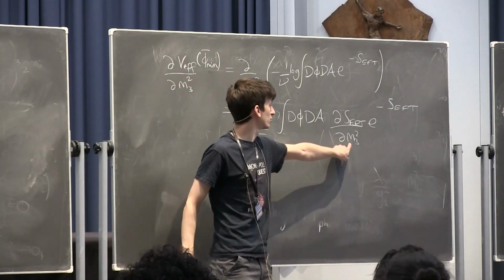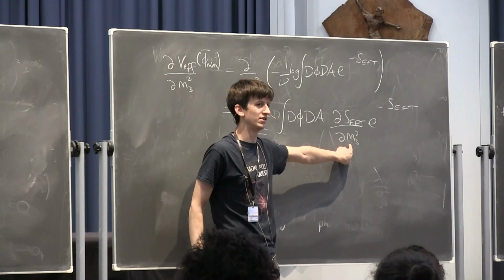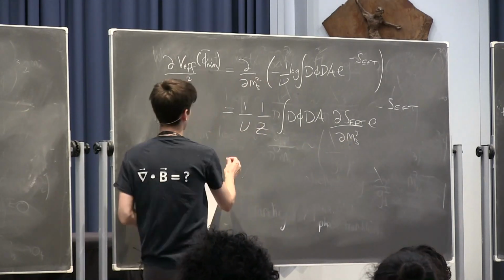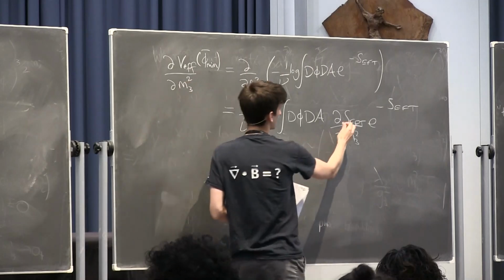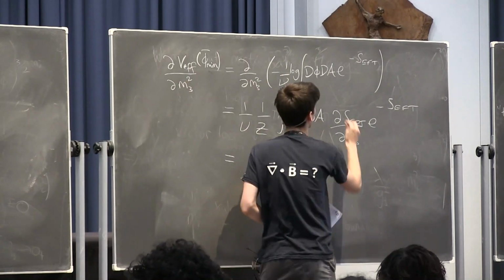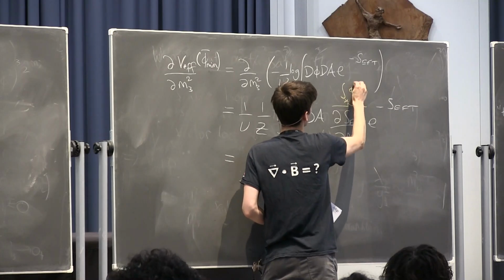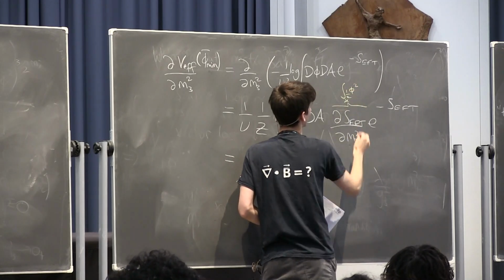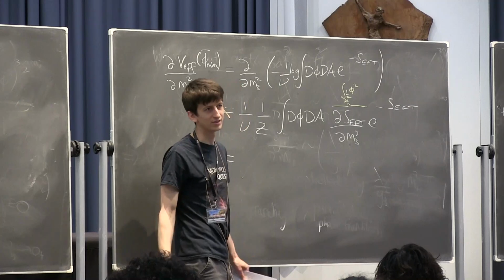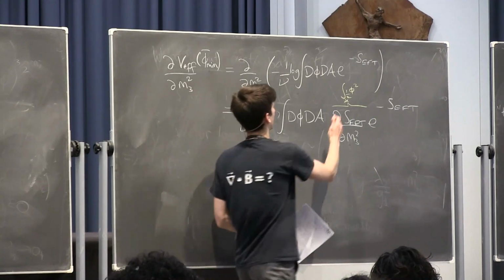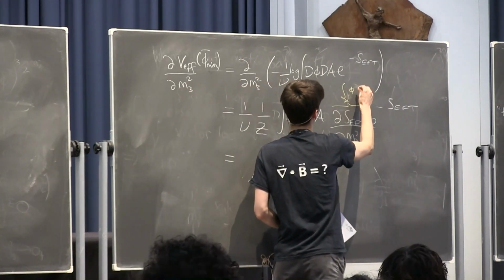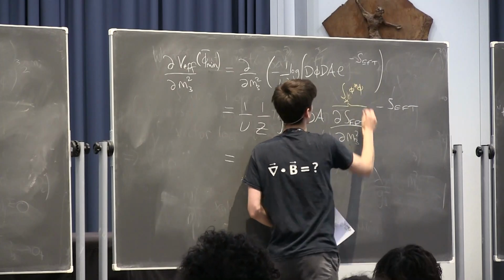And this is just a derivative with respect to a parameter. This is an easy derivative to take. And I'm just going to get the integral over x of phi squared, or half phi squared. Or sorry, I guess phi star, let's write it like that, phi star phi.